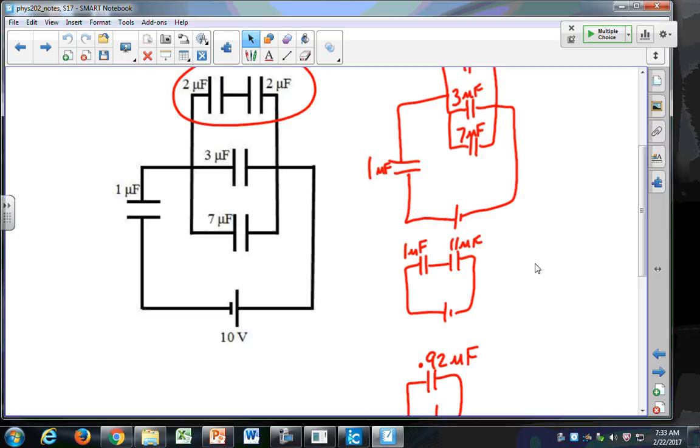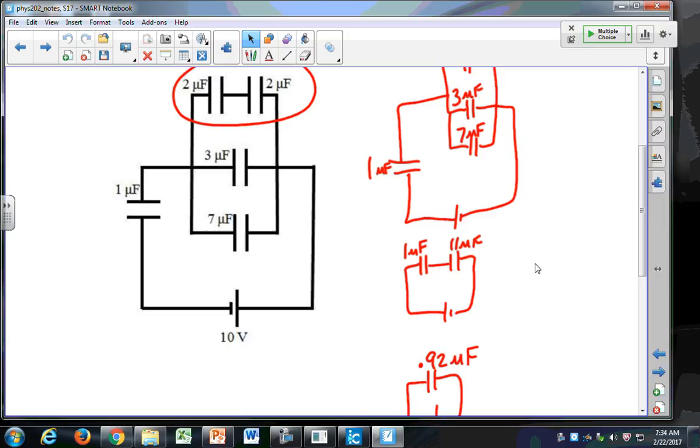And once I know the charge on each of these 2 capacitors, I can find their voltage, because if you know any 2 quantities, you can find the third. So when I get the charge on this capacitor, I can also find its voltage. And then I'm almost done. Because let's see, what am I looking for? The 3 microfarad? Once I know this voltage, I know that it's the same voltage here, here, and here, because those 3 are in parallel.